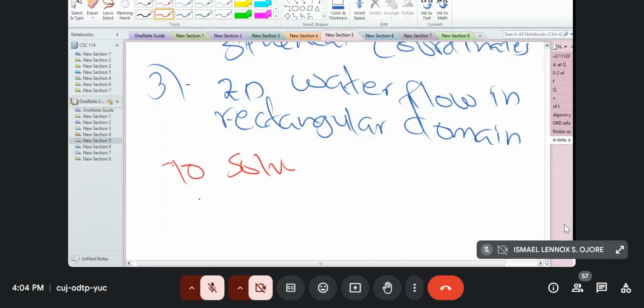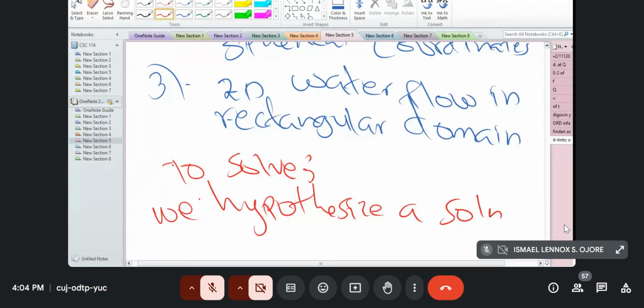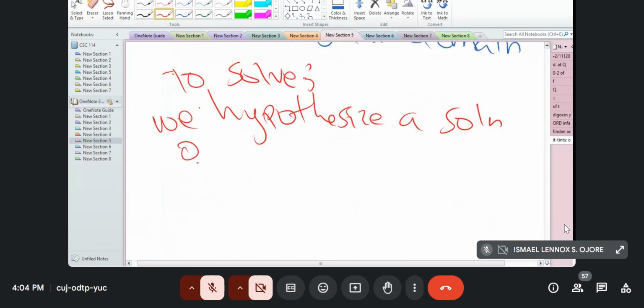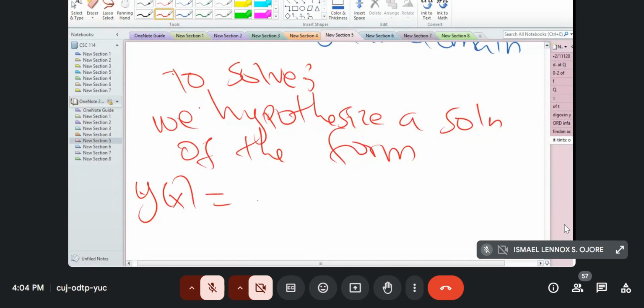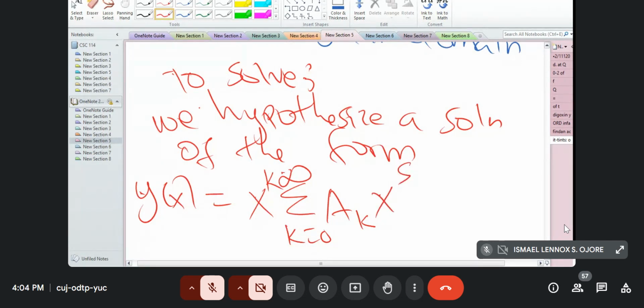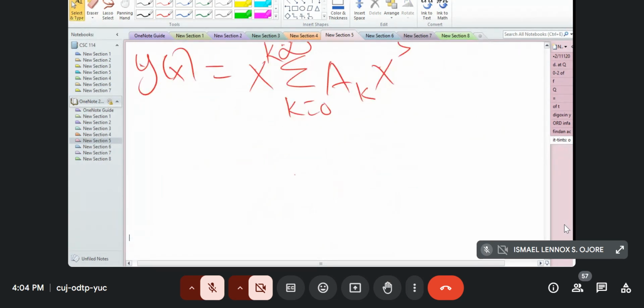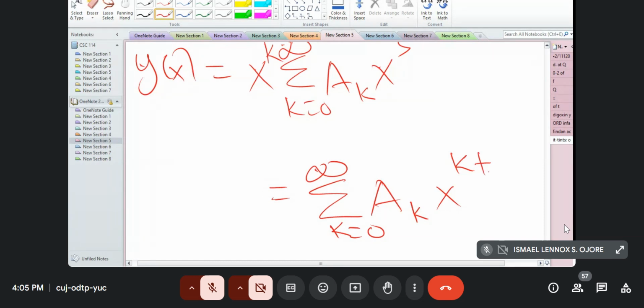So to solve, we hypothesize a solution of the form y of x is equal to x to the s, summation from k is 0 to infinity a_k x to the k, which can be written, if we combine the x's, as summation from k is 0 to infinity a_k x to the k plus s.